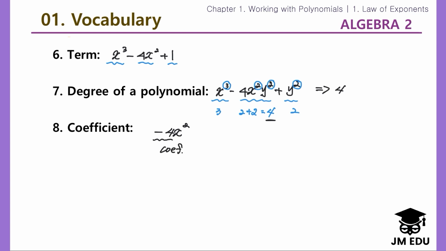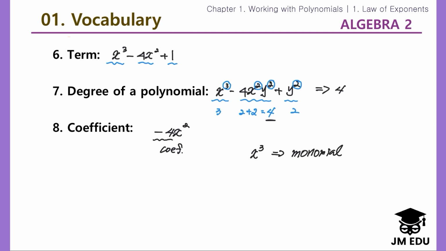Okay, in addition to this, let's talk a little bit more about polynomials. Let's say we have this polynomial x cubed. This polynomial has one term, right? If we have one term, then specifically we call this a monomial.